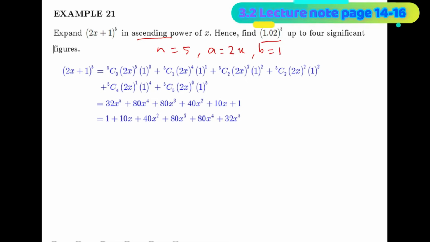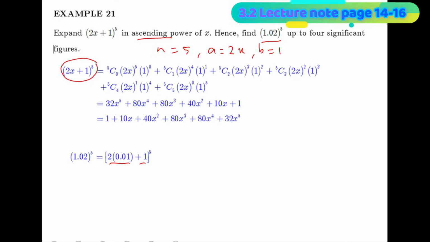from our binomial expansion. To do so, we first have to separate 1.02 into two terms as follows: 1 plus 2 times 0.01. We do this in order to compare with our previous binomial expansion.